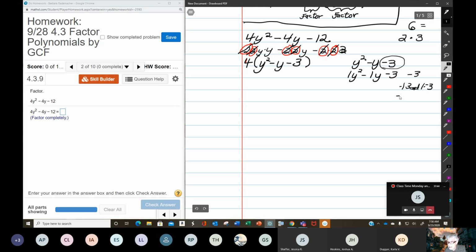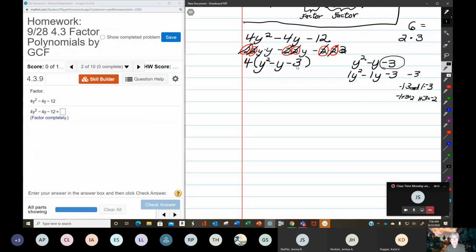Now, if I add -1 plus 3, I get 2. And if I add 1 plus -3, I get -2. Nothing will give me a -1. So I have factored this as far as I can factor it. Here's the answer: 4 times the quantity y squared minus y minus 3.